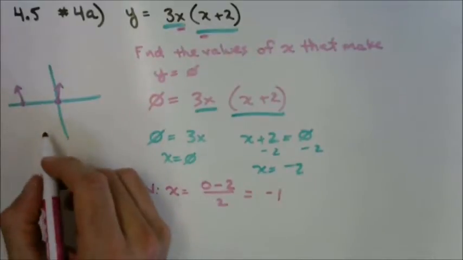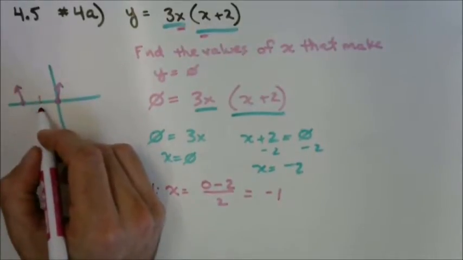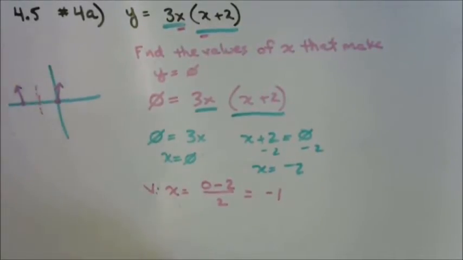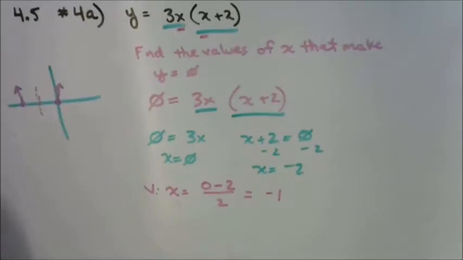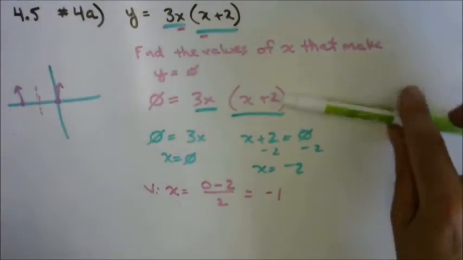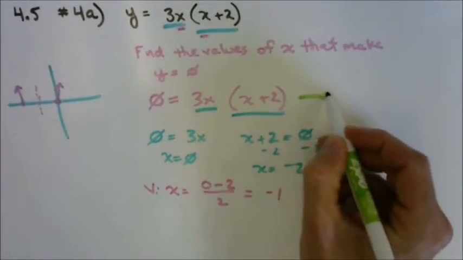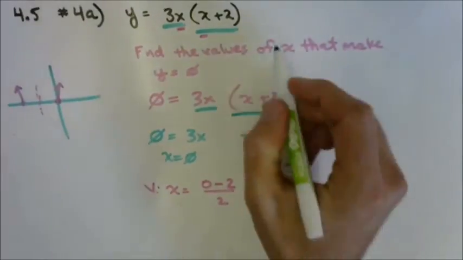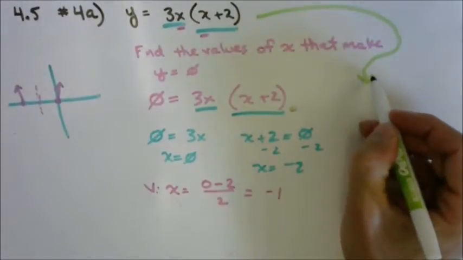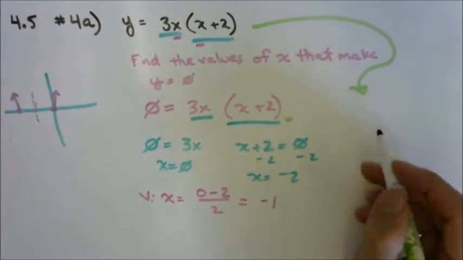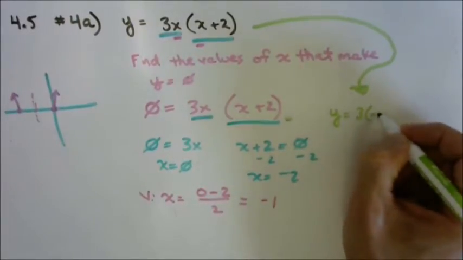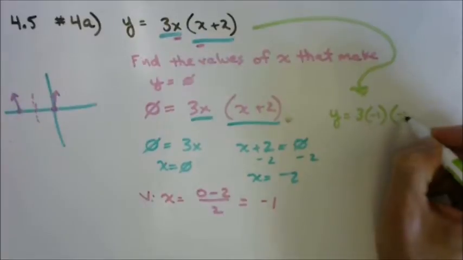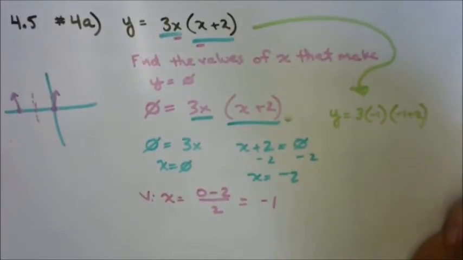So our vertex, the x coordinate, is negative 1. It's somewhere on this line. And then we just sub in x equals negative 1 into our original equation in order to find the y coordinate of our vertex. If I take this equation down and we subbed in negative 1 for x, we get y equals 3 times negative 1 times negative 1 plus 2.